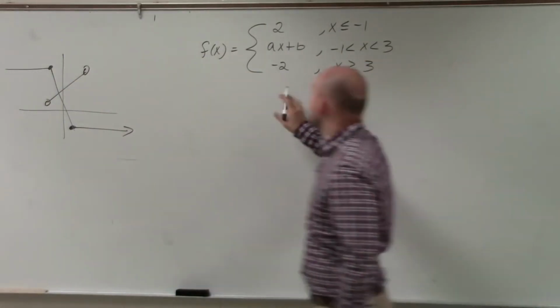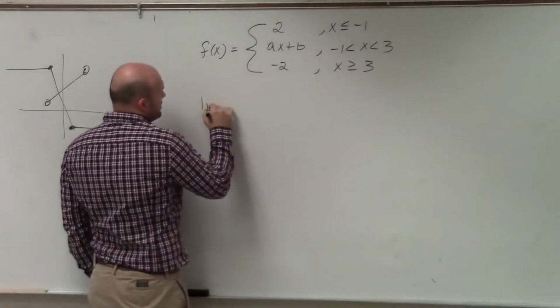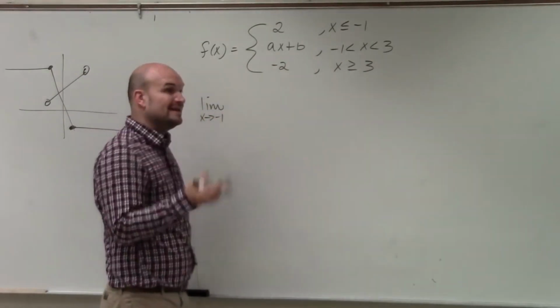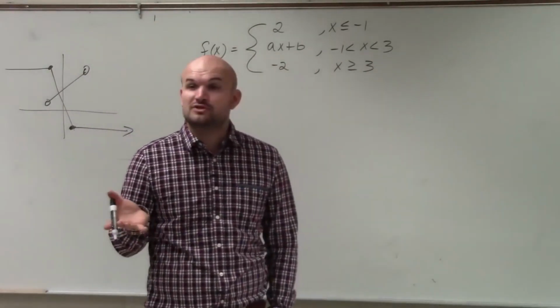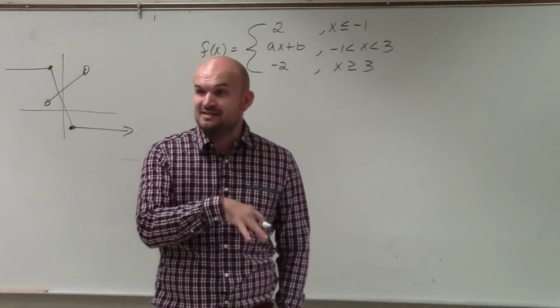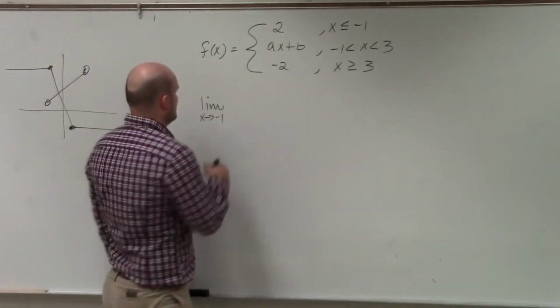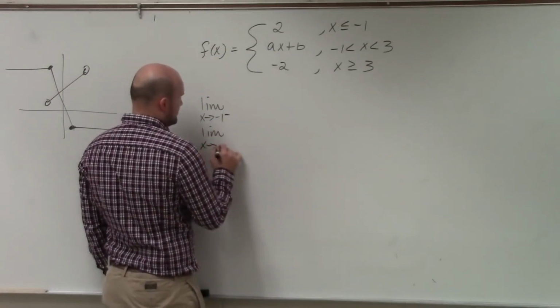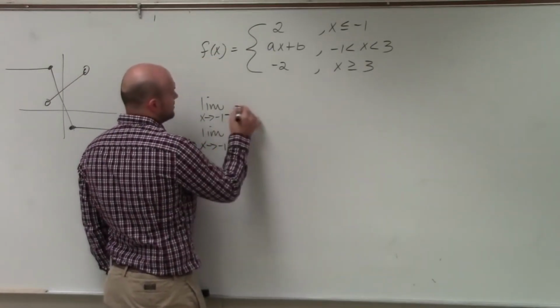So again, first thing we need to do is evaluate the limit at x equals negative 1. We need to make sure that limit exists. Therefore, we need to check the limit from the left-hand side and from the right-hand side. So let's do the limit as x approaches negative 1 from the left and from the right.